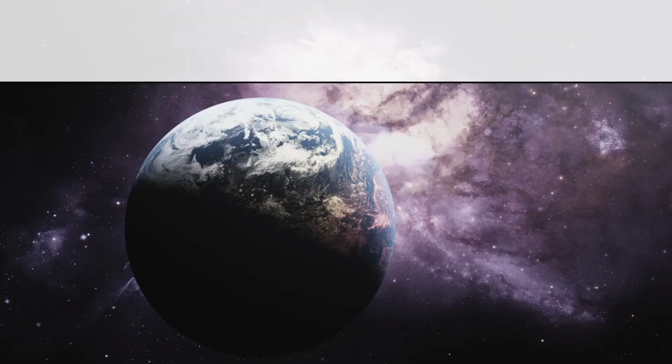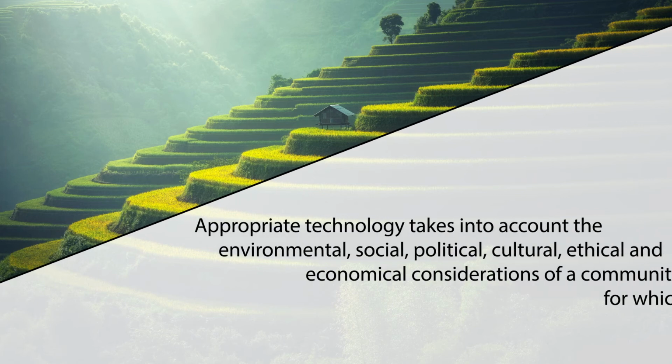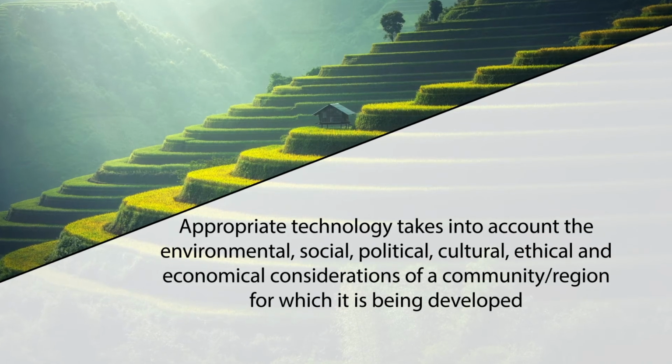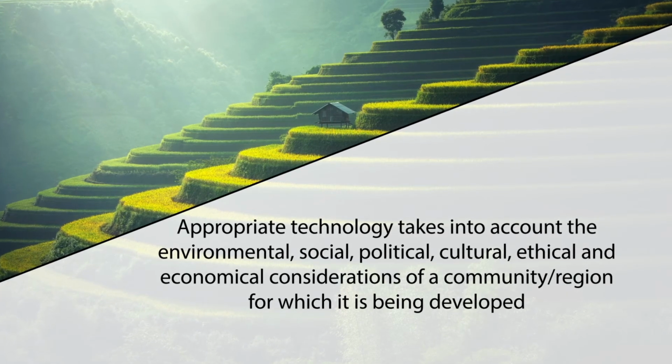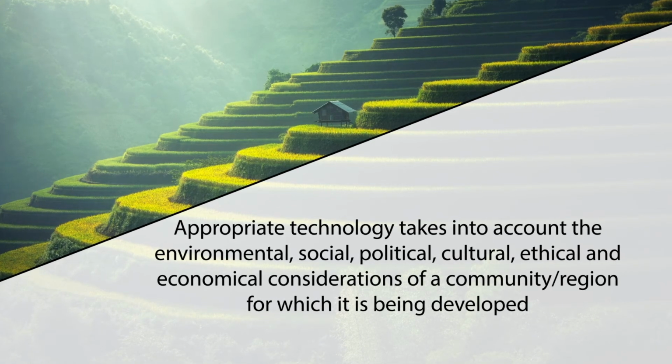But we have another class of technology which is called appropriate technology. Let us see what this appropriate technology is. Appropriate technology takes into account the environmental, social, political, cultural, ethical, and economic considerations. It is very difficult to have a technology which can cater to all these parameters: environmental, social, political, cultural, and ethical.